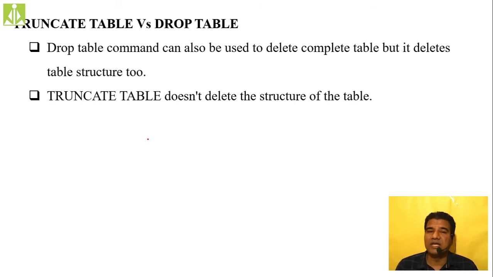Delete command deletes specific rows, truncate table deletes all the rows but the structure remains intact, whereas drop table deletes not only the internal rows but also the definition or structure of the table.